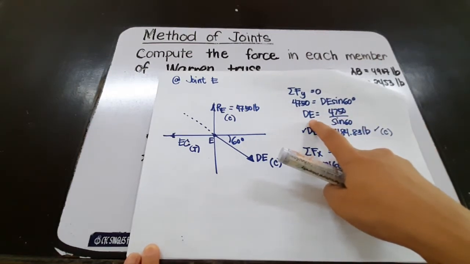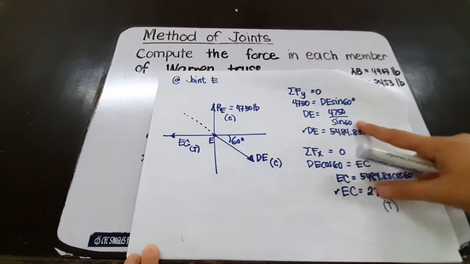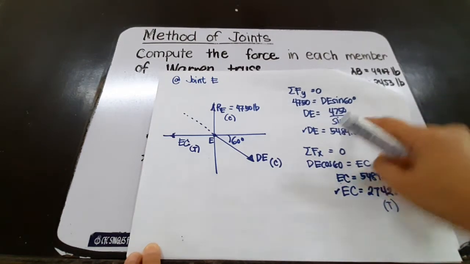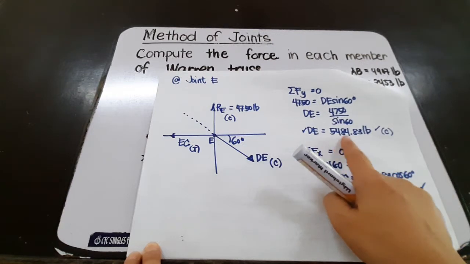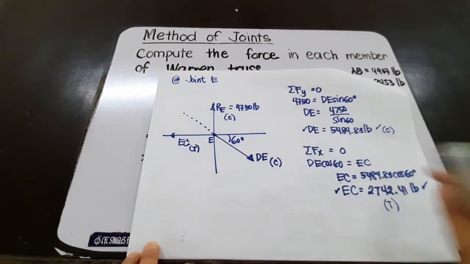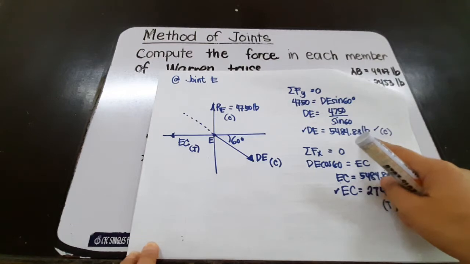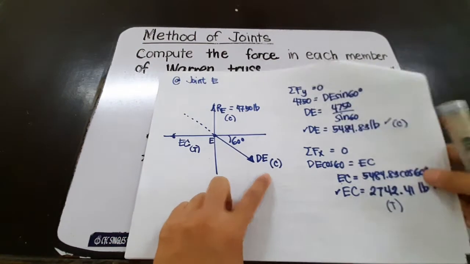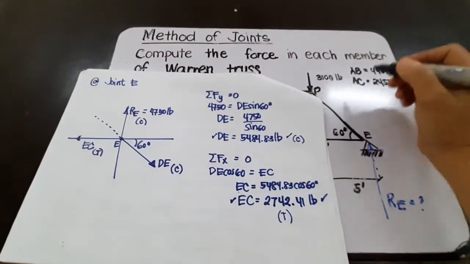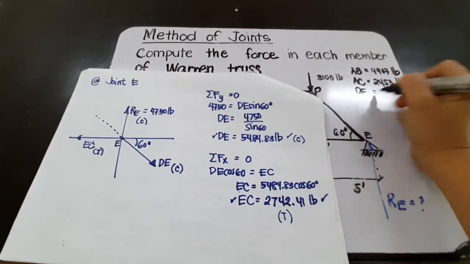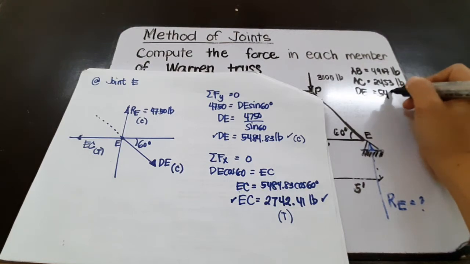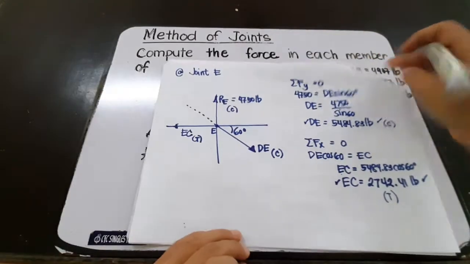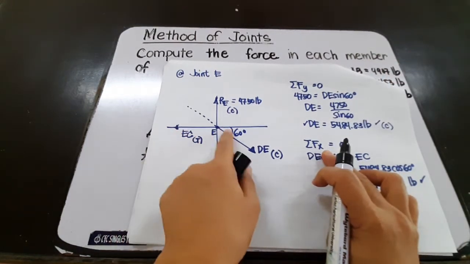Manipulating that, DE is equal to 4,750 over sine 60, which equals 5,484.83 pounds. Since this is positive, our assumption that DE is a compressive force is correct. So DE is 5,484 pounds. The next thing is we get the summation of forces along the x-axis.